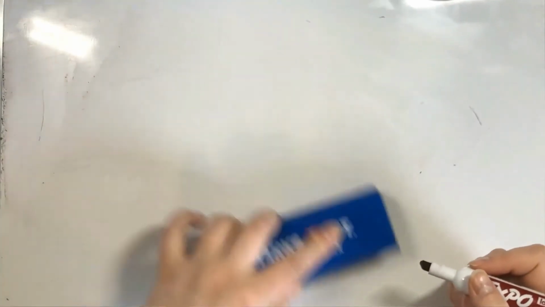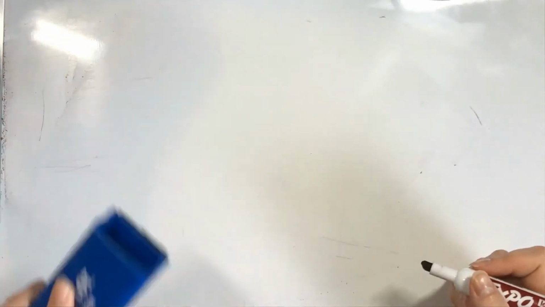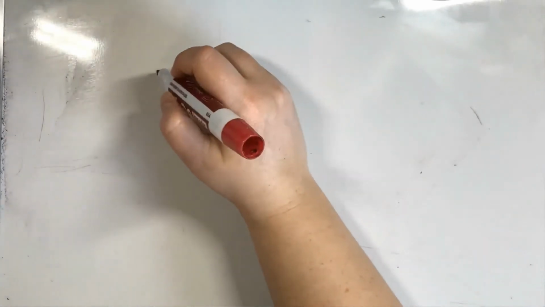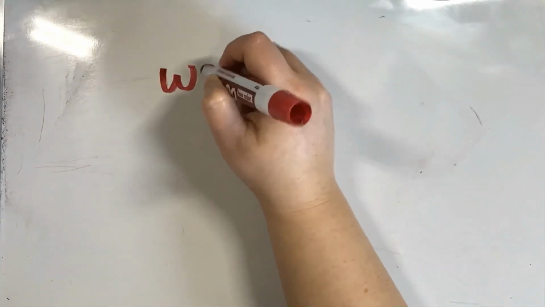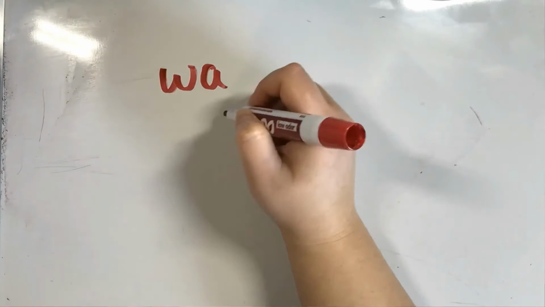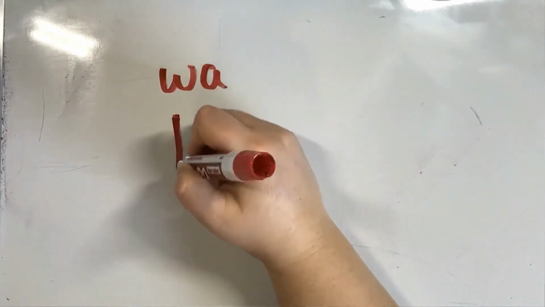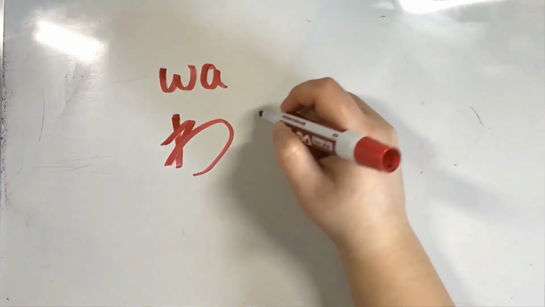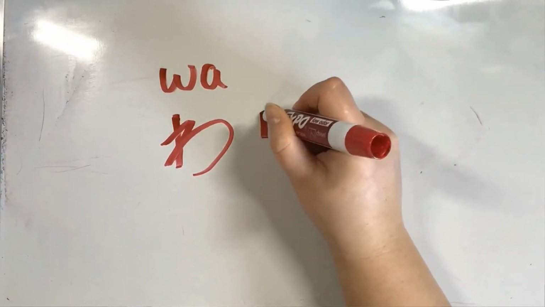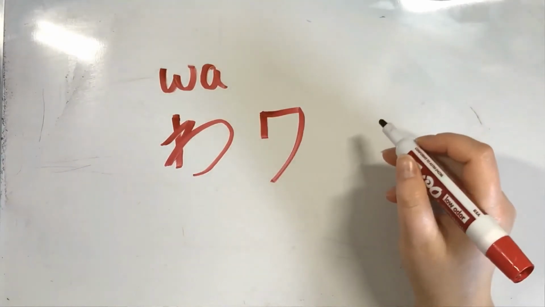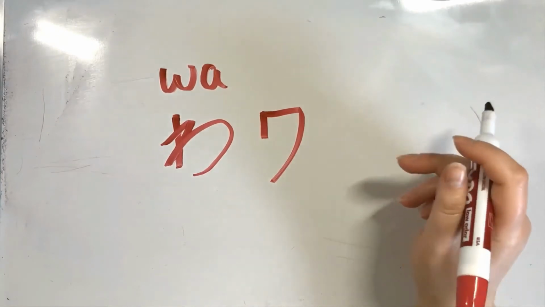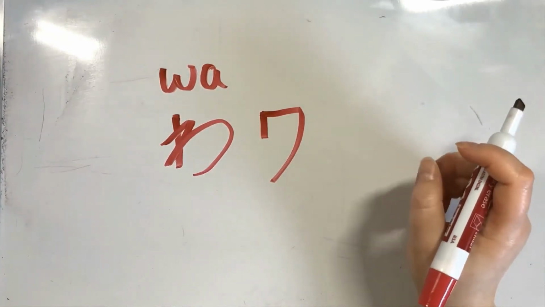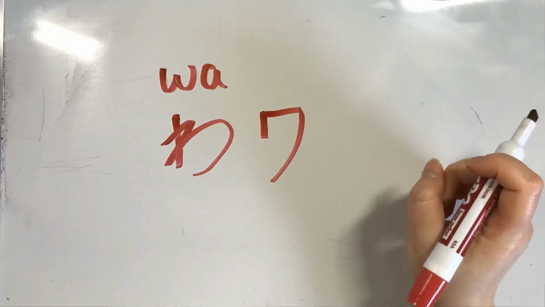Okay, and then we're going to finish off with just 3 more characters. So the first one is going to be wa. If you remember in hiragana, it was like so. Here's what it looks like in katakana. And it looks very similar to u, nu, fu, and da.